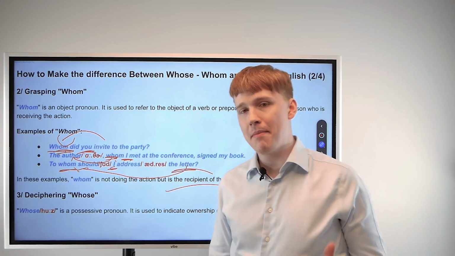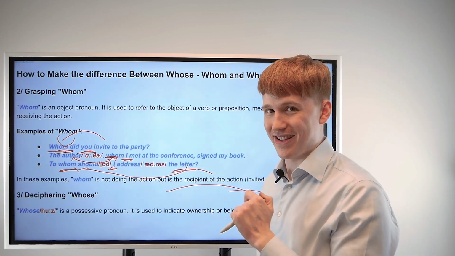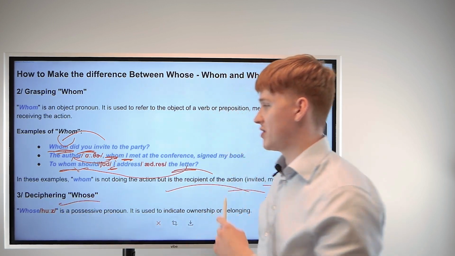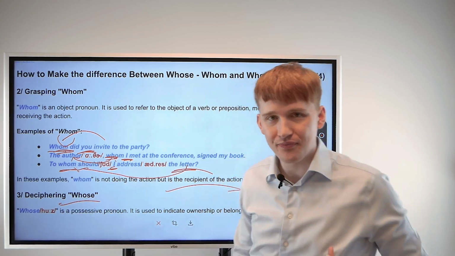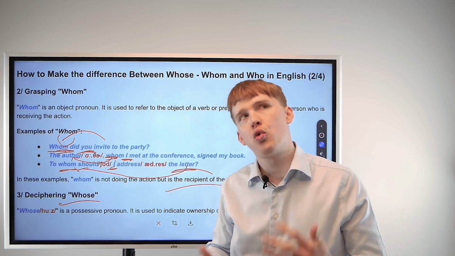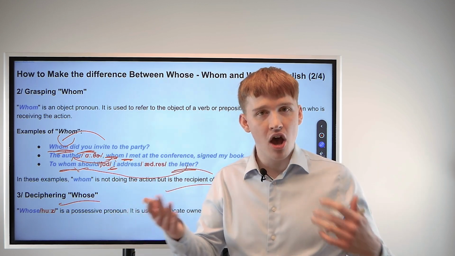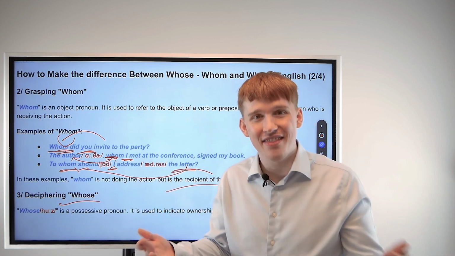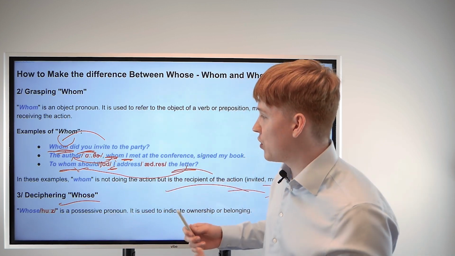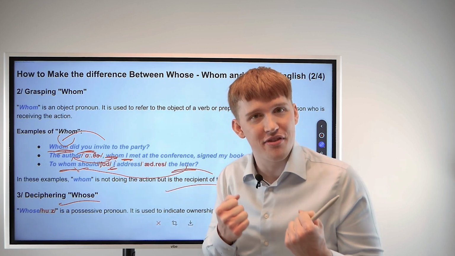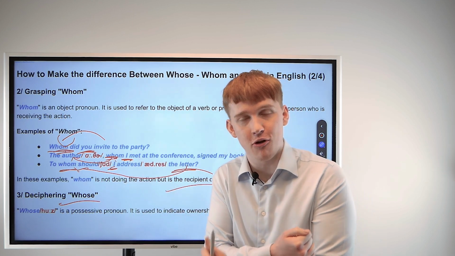Lovely. So remember now whose. This is where we're going to move on to now. Whose. When do we use whose? We use whose quite similarly to how we would use his, her, its, their. And the way that we use them is when we're saying that someone owns something. It shows ownership, right?